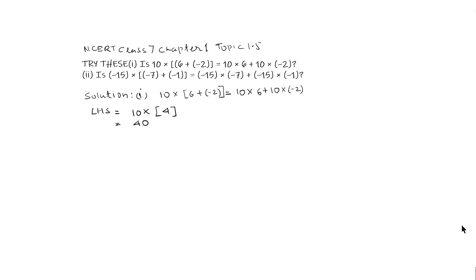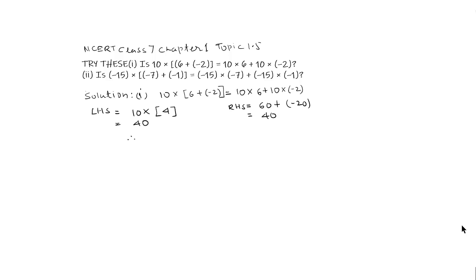And now we solve RHS. 10 multiplied by 6 is 60 plus 10 multiplied by minus 2 is minus 20. And 60 minus 20 is 40.